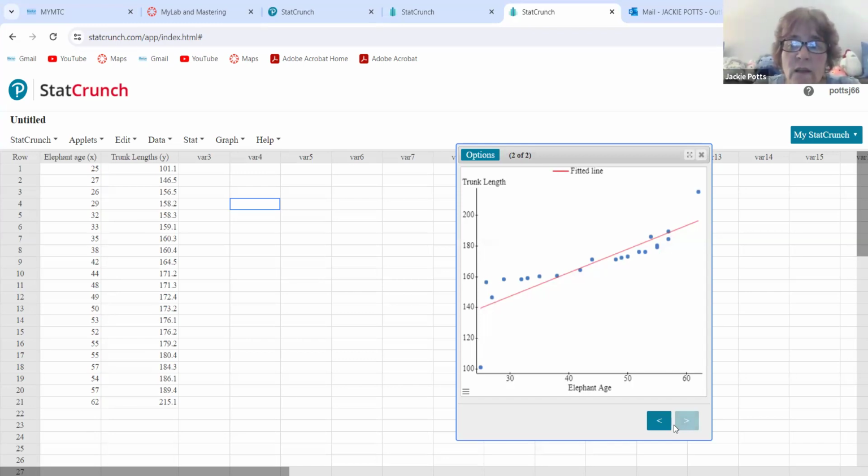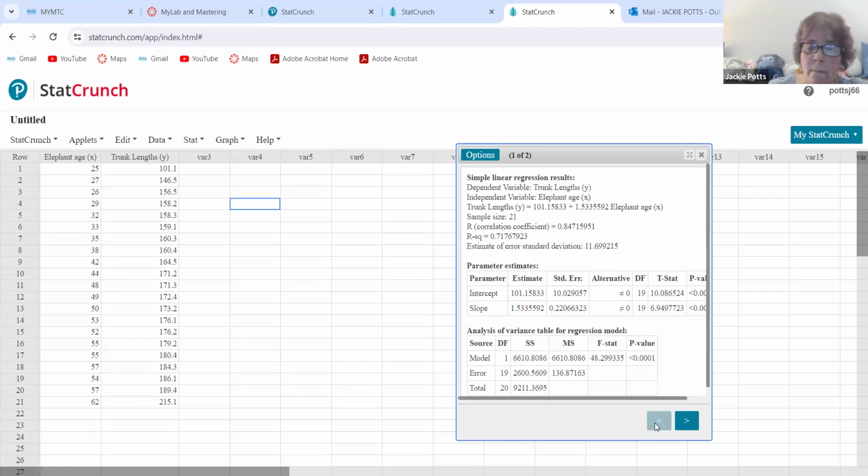Once you see a line, you can't unsee it. But the part that you're looking for right now, do not use the R squared. We don't use the R squared. It's the R correlation coefficient. That's what you're looking for. And you take it to 3 digits.